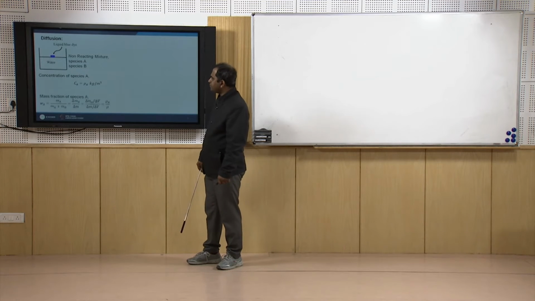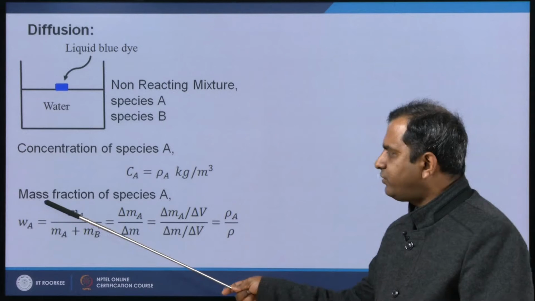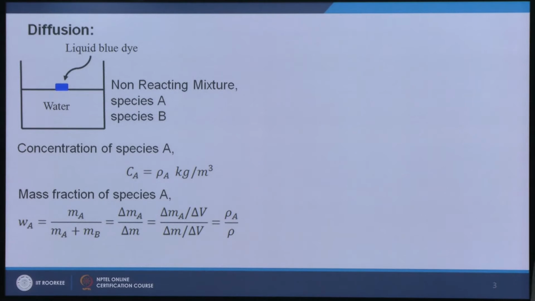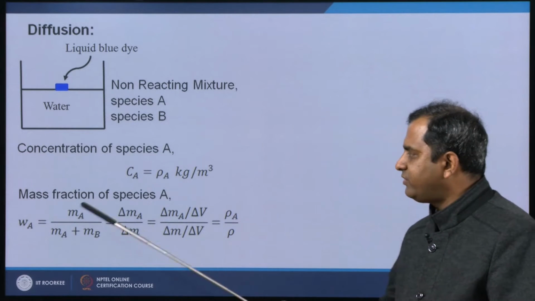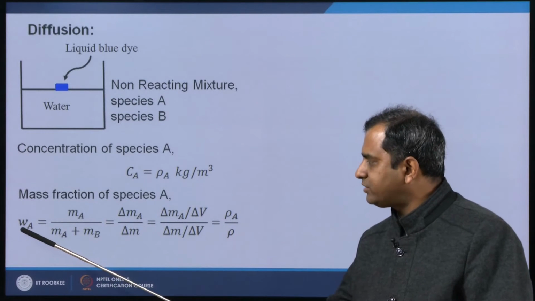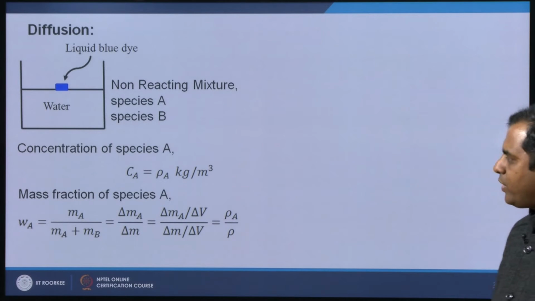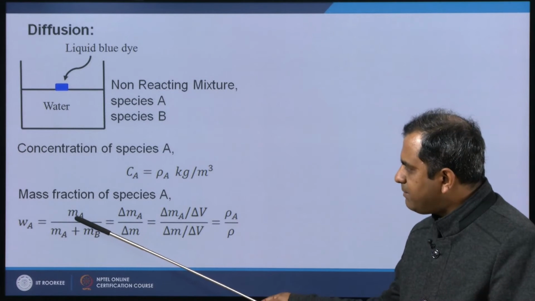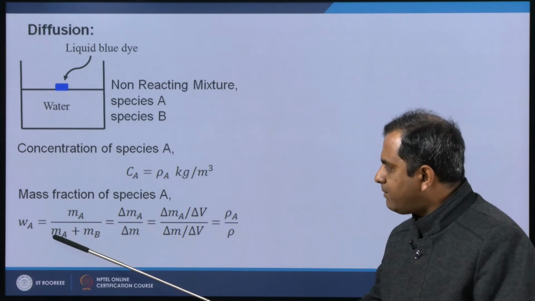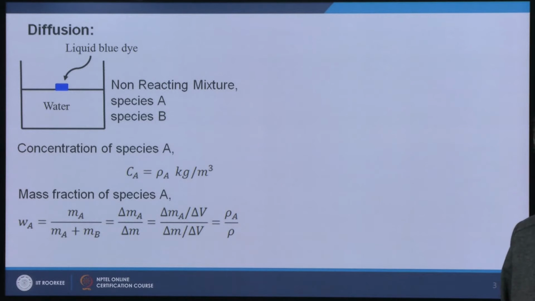Next, let us see how we get the mass fraction of a species in the mixture. Let us define mass fraction in terms of W. So, the mass fraction of species A is WA. WA will be MA, the mass of A at a particular location, divided by mass of A plus mass of B, so the whole mass of the two component mixture.